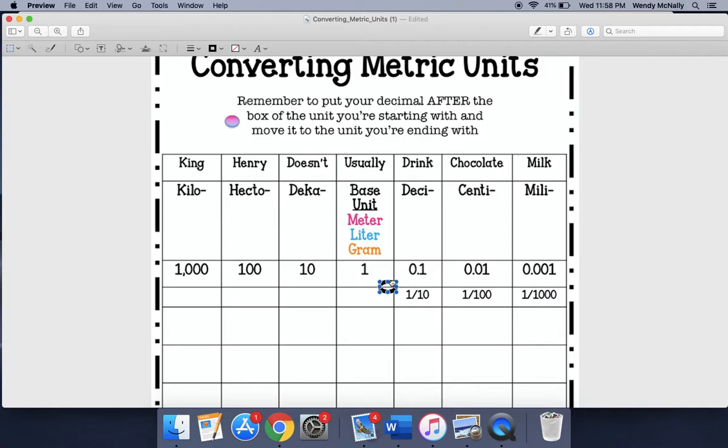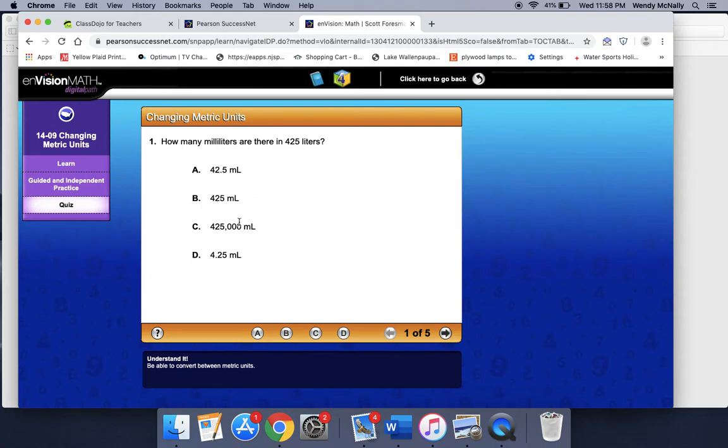Just remember that this point is acting as our decimal point. So don't forget that, okay? So let's try our question again. Our question says, how many milliliters are there in 425 liters?